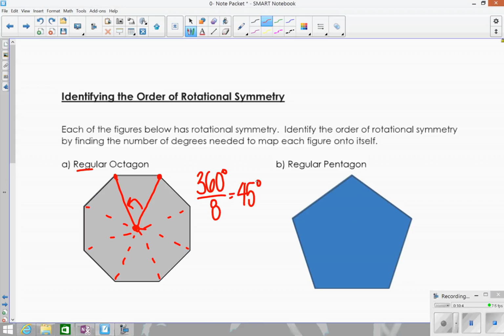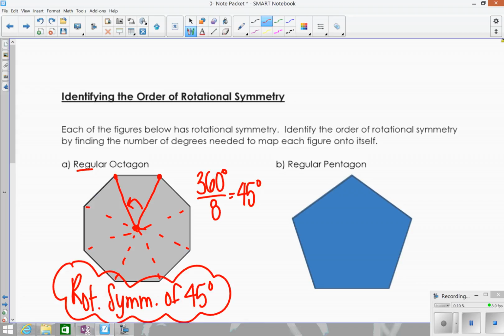So that means it takes 45 degrees to rotate this figure so that it matches up. So this has rotational symmetry of 45 degrees. So basically the formula for this is your rotational symmetry is 360 divided by the number of sides.